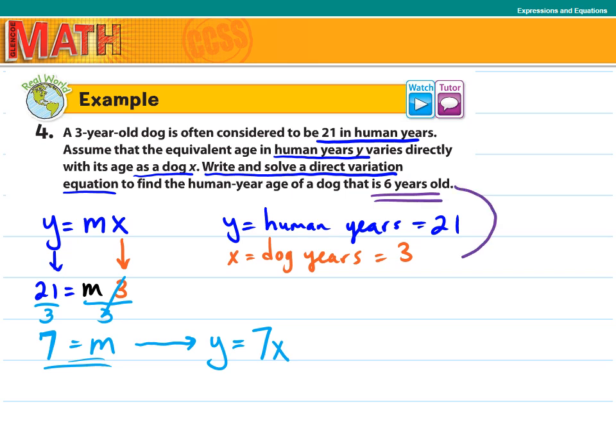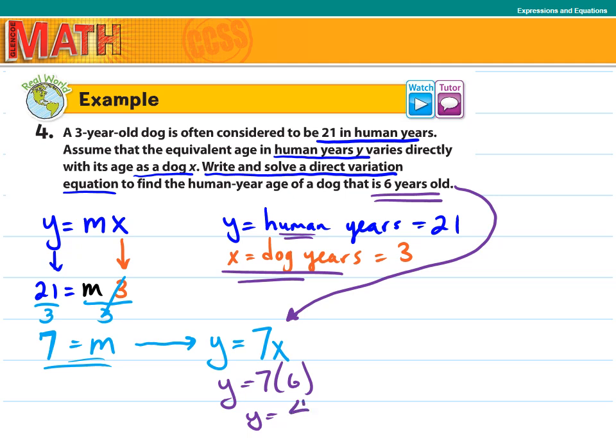So that 6 is going to be substituted into the x because x represents dog years. So we're going to have 7 times 6 is equal to y. And again, y is human years. So once we solve this, we're going to see that the dog is going to be 7 times 6, which is 42. So the dog will be, excuse me, 42 human years old.